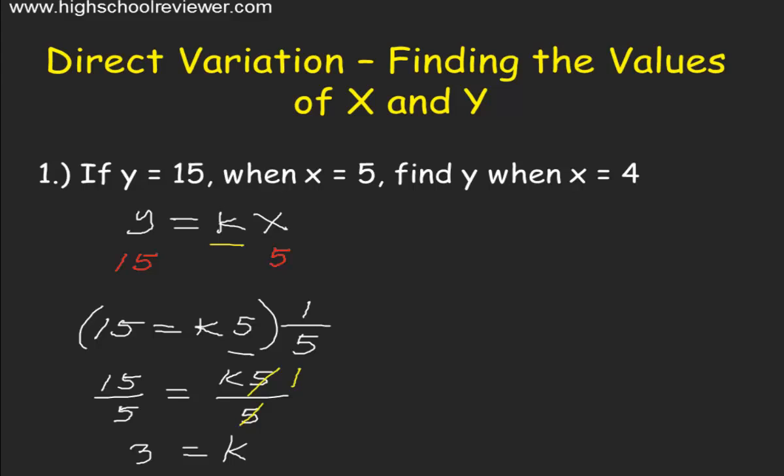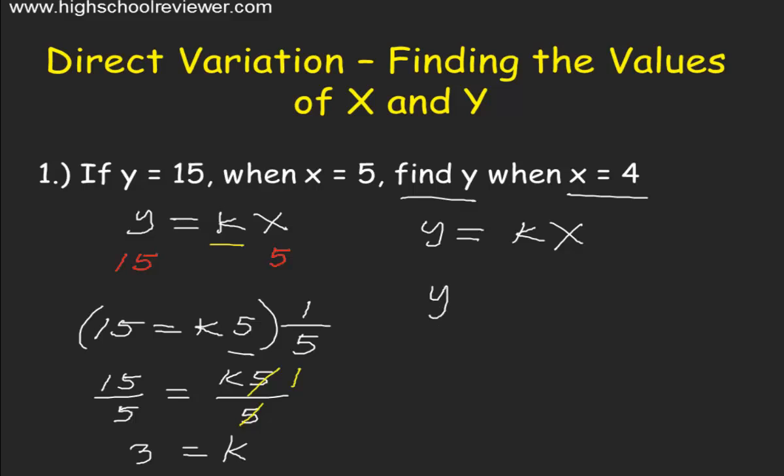And then we need to find y when x is equal to 4. So to find y, we are going to use again y equals k times x. Now the y is unknown.